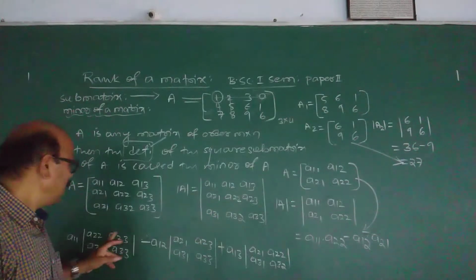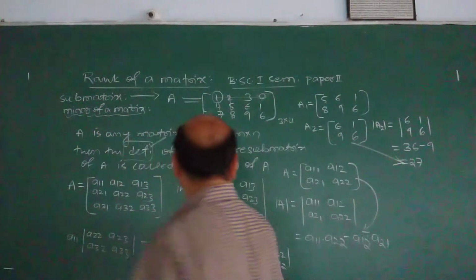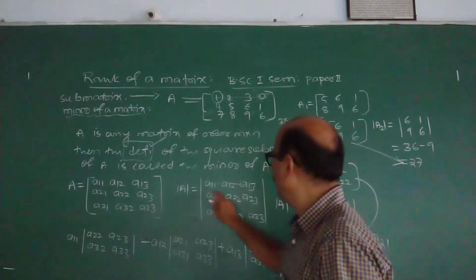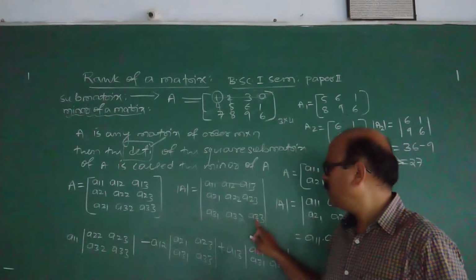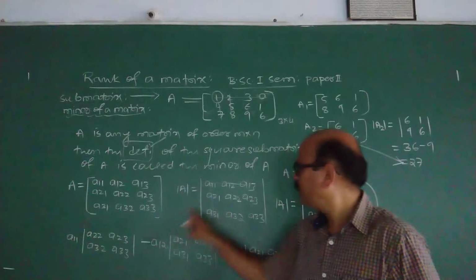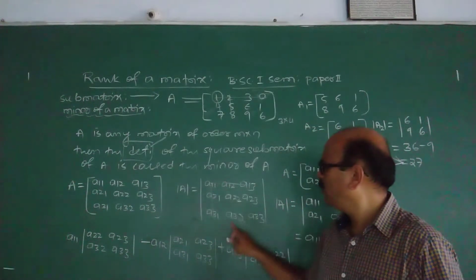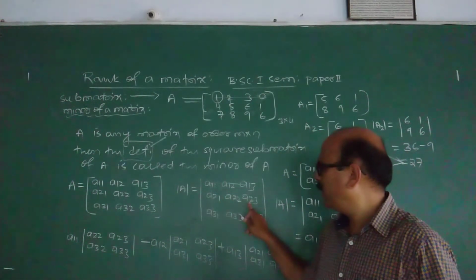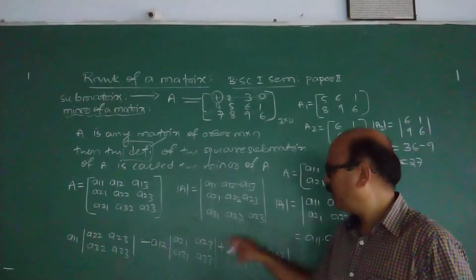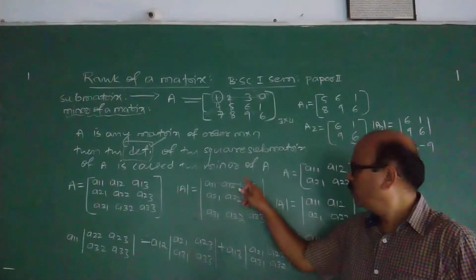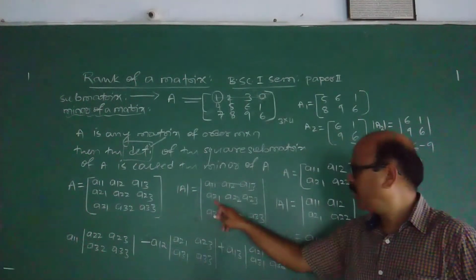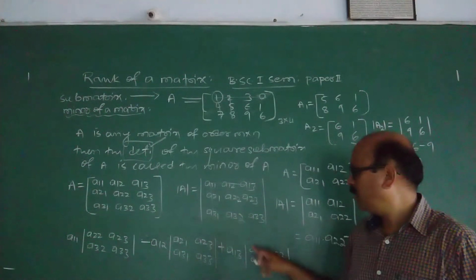Determinant A is A11 into, you have to leave the row and column, A11 into second order determinant A22, A23, A32, A33, minus A12 into, you have to leave first row, second column, A21, A23, A31, A33, plus A13 into, leave now first row, third column, A21, A22, A31, A32.